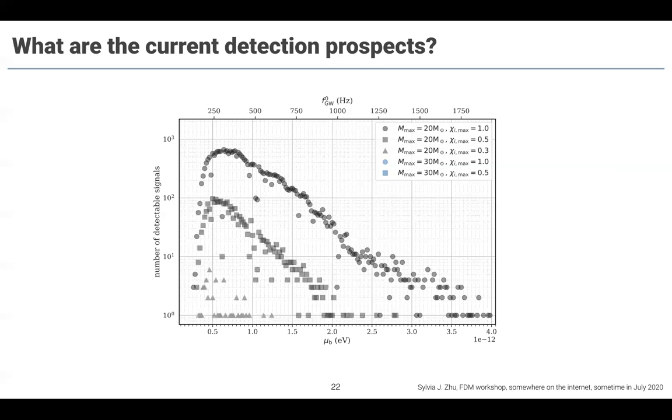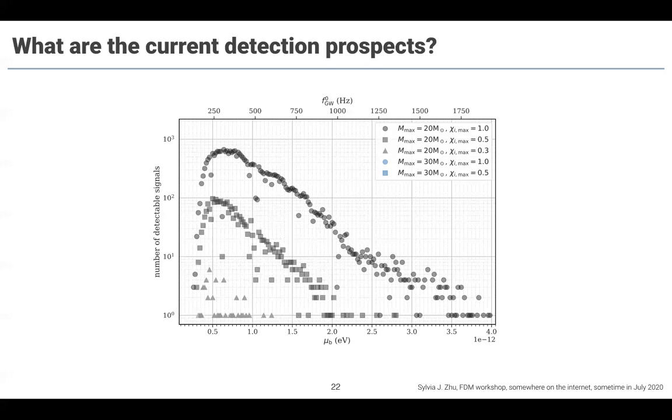So if you go to moderate spins, so if you say the maximum black hole spin is 0.5, so these are the gray squares now, the number of signals you can expect to detect goes down by an order of magnitude. This is because it just gets harder, right? There's a minimum spin that the black hole has to have in order to form the cloud in the first place. So with slower and slower spinning black holes, it becomes harder and harder to form these clouds, and fewer of these clouds form.